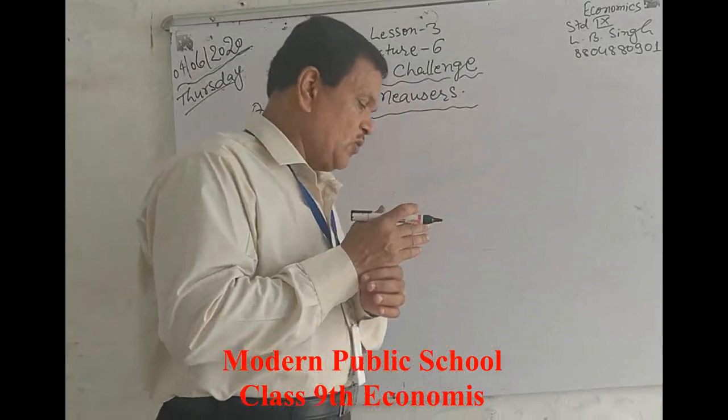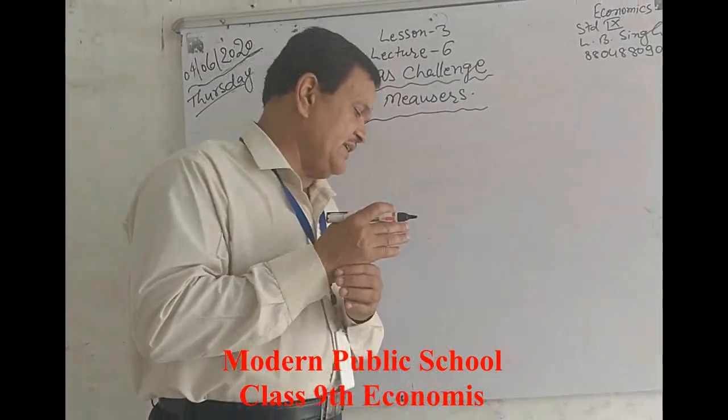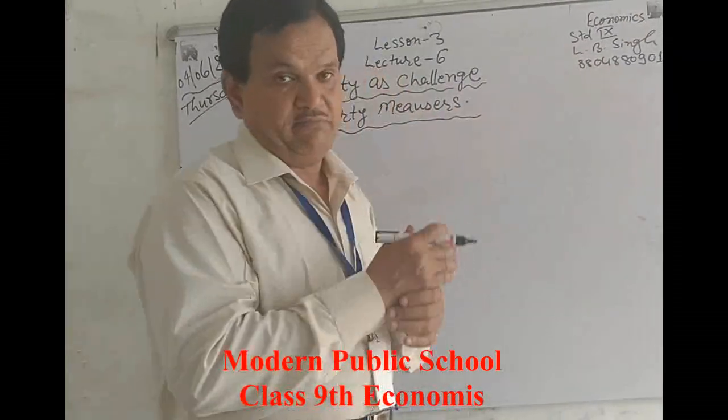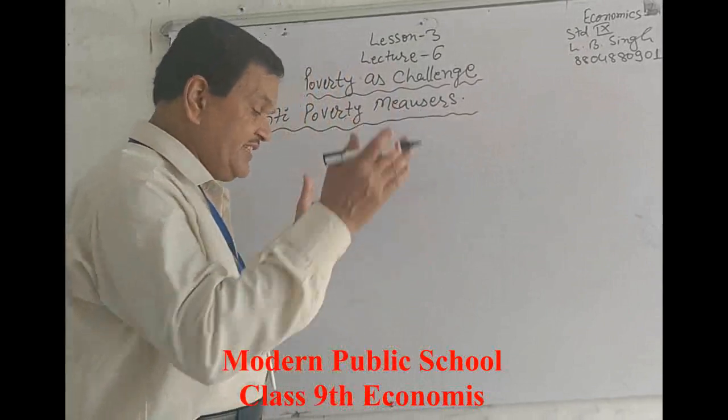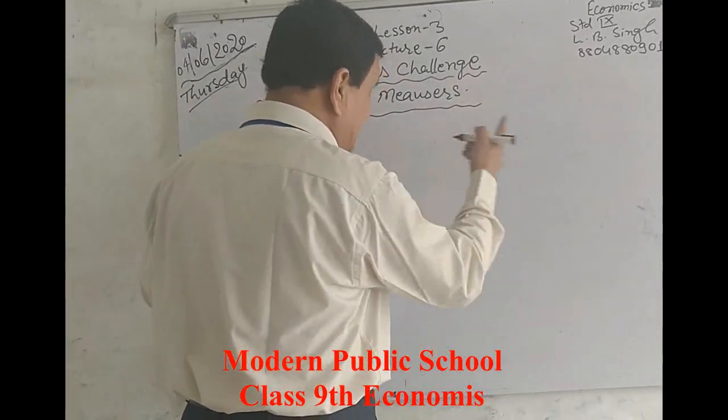First one is promotion of economic growth and the second one is the targeted anti-poverty program. So for these 2 points we have to study. I am going to mention on the board.